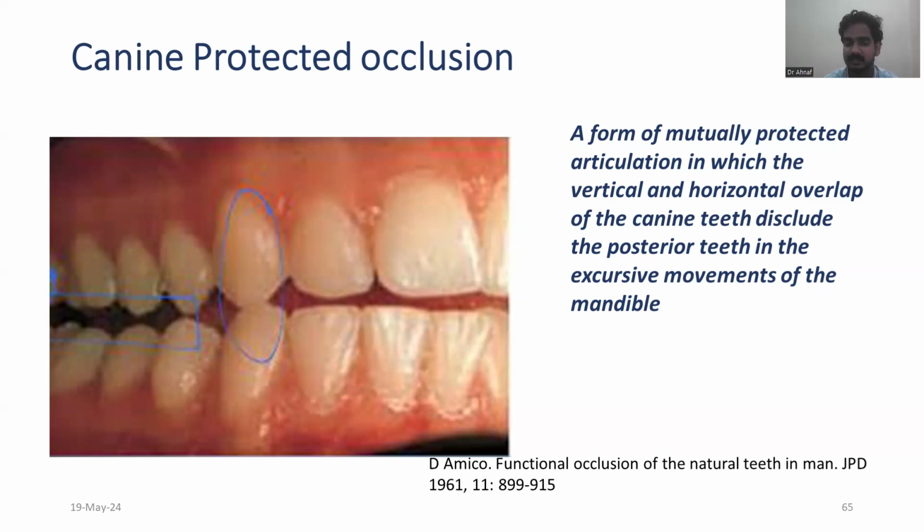And on the non-working side, there is no contact, same as group function occlusion. So in canine protected occlusion, you have a contact of the canine on the working side, all other teeth are in non-contact, and on the non-working side the contacts are absent. But in case of group function occlusion, there is multiple contact of teeth on the working side.